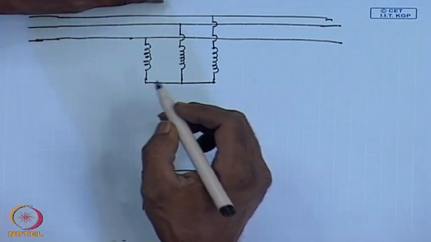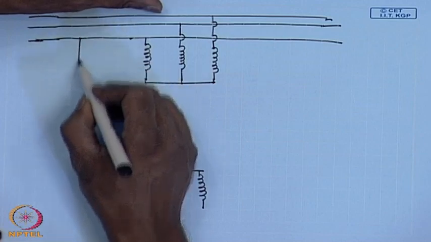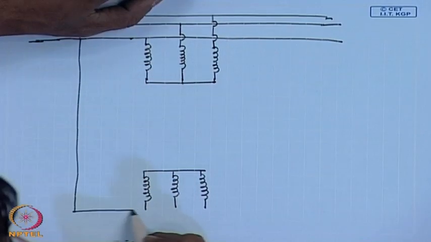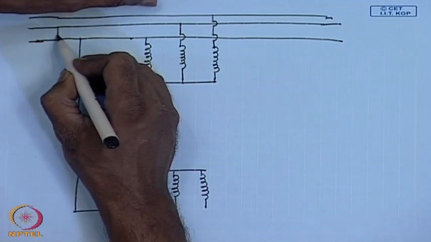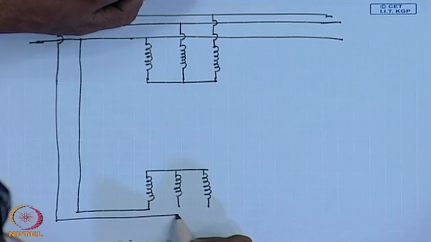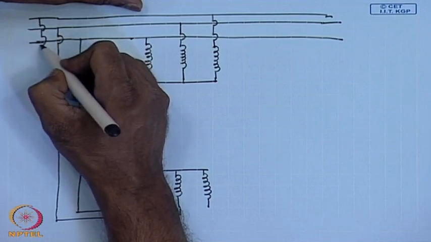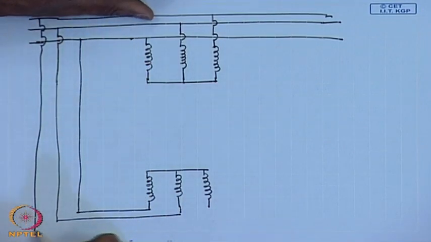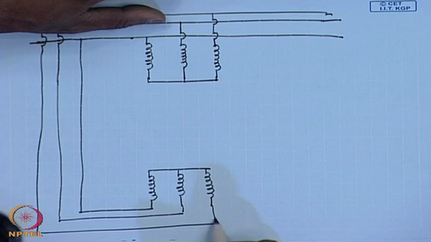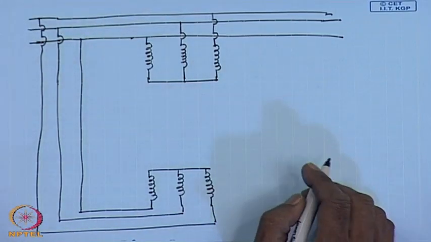This is the other winding of the same transformer. So, the other winding, the secondary winding, is also star connected.